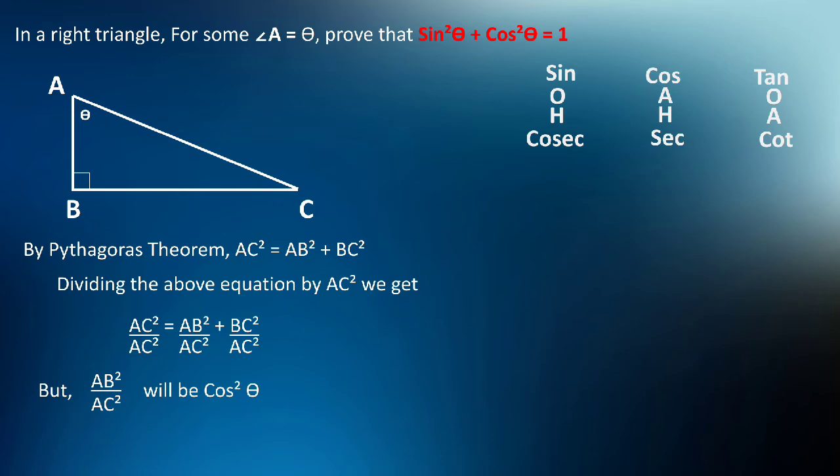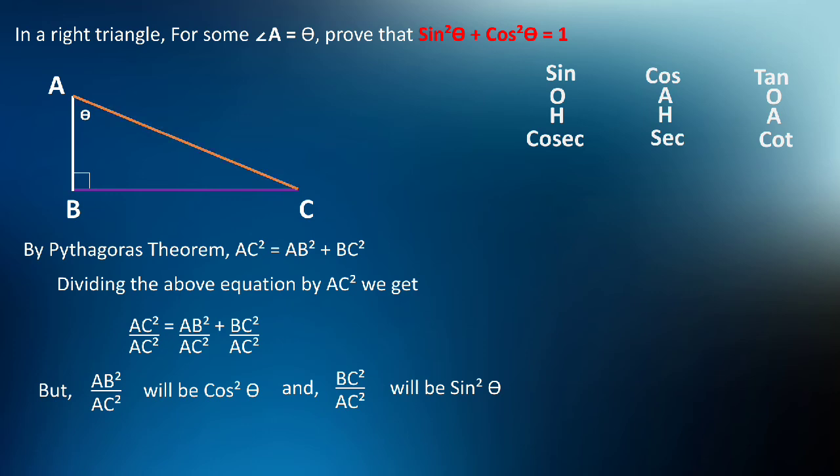Similarly, let us see what happens when you look from angle theta at BC square upon AC square. Again, focus your eyes on the triangle ABC and look at BC. Here BC, which is in purplish color, is the opposite, and AC is the hypotenuse.